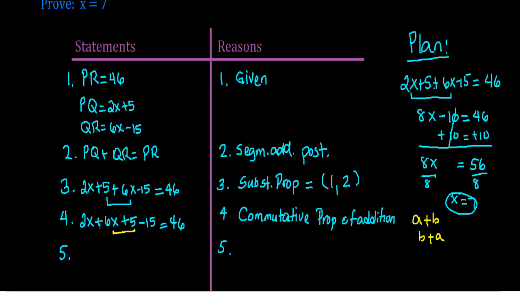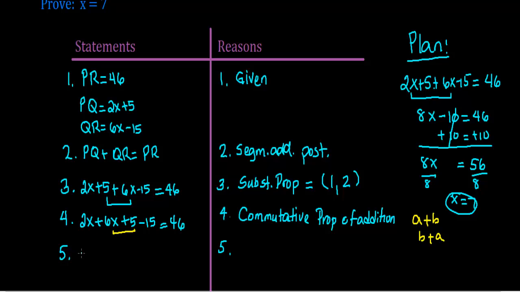Everything I do, every little thing I do has to have a reason for doing it. And I'm stating it here, okay? Now that my variable terms are together, 2x plus 6x, look at the common terms between them. 2x and 6x have something in common. They both have x.